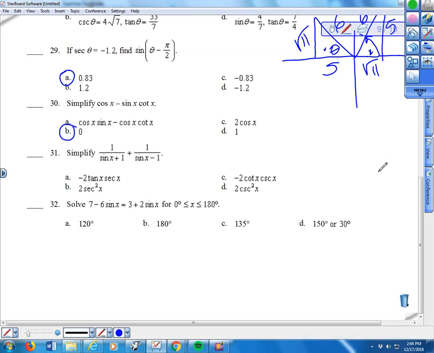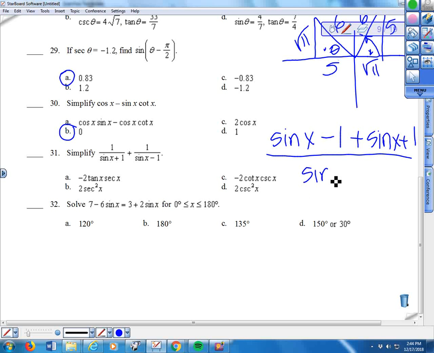So I'm going to multiply, this is sine x minus 1 plus sine x plus 1 in the numerator. And in the denominator, I have sine squared x minus 1. So this cancels to 2 sine x. And if I take a negative out, I'm left with 1 minus sine squared, and this is cosine squared.